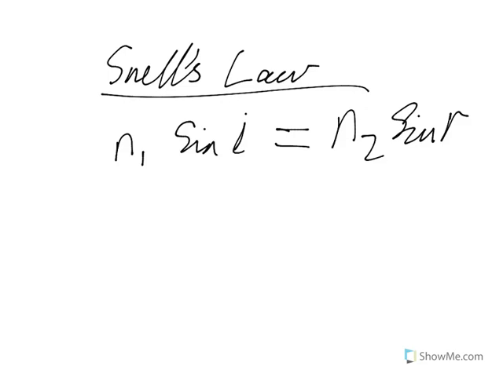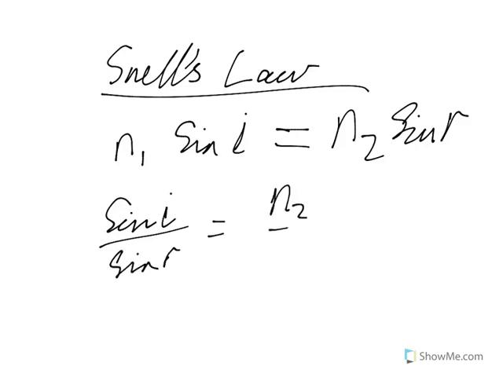We more commonly write it as sine I over sine R equals N2 over N1. So the refractive indexes have moved around. Sine I is on the top, but on the right hand side, the refractive index associated with that substance is on the bottom.